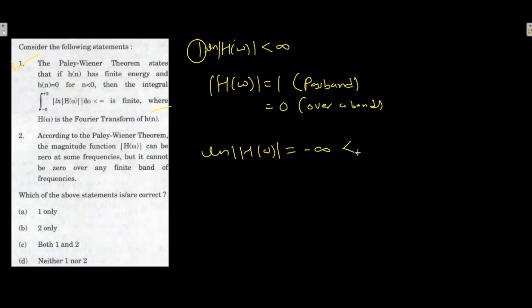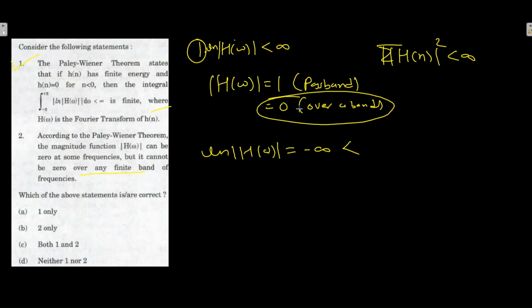But as per the Paley-Wiener theorem, it should be less than infinity, and energy should also be finite. What is the meaning of finite energy? The summation of h of n squared should be finite, the basic energy definition. So here the condition fails. That's why it says the magnitude function can be 0 at some frequencies, but it cannot be 0 over any finite band.